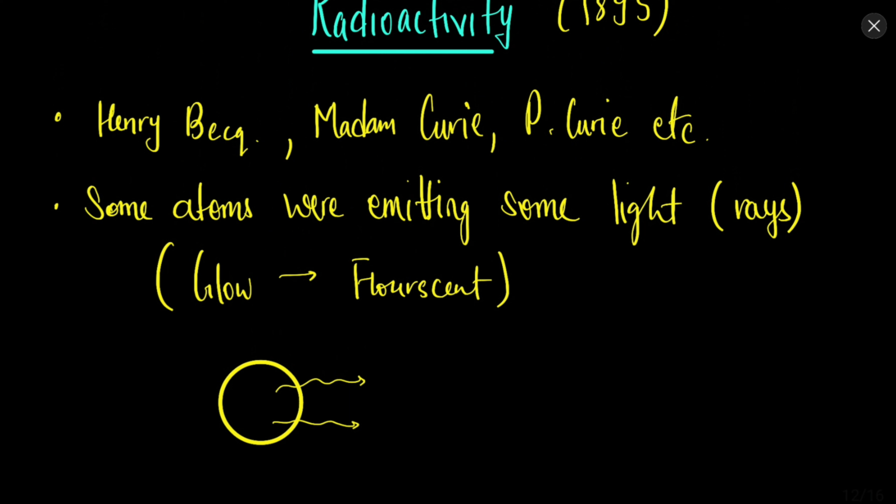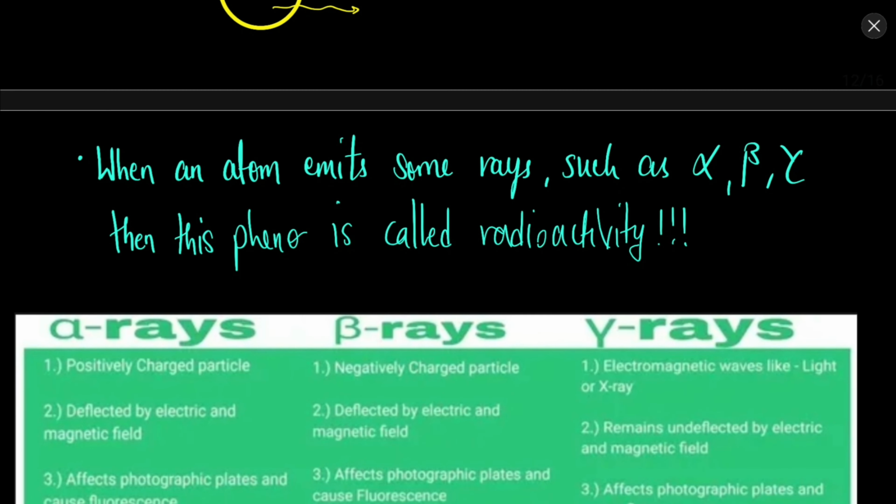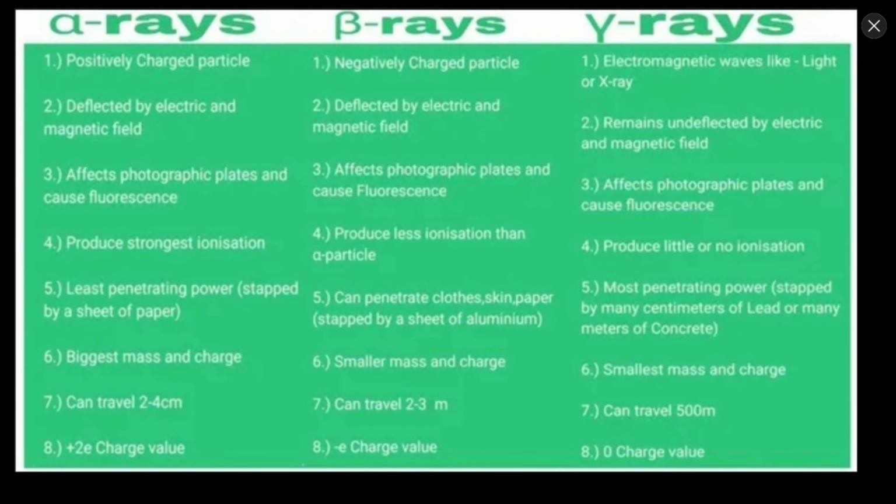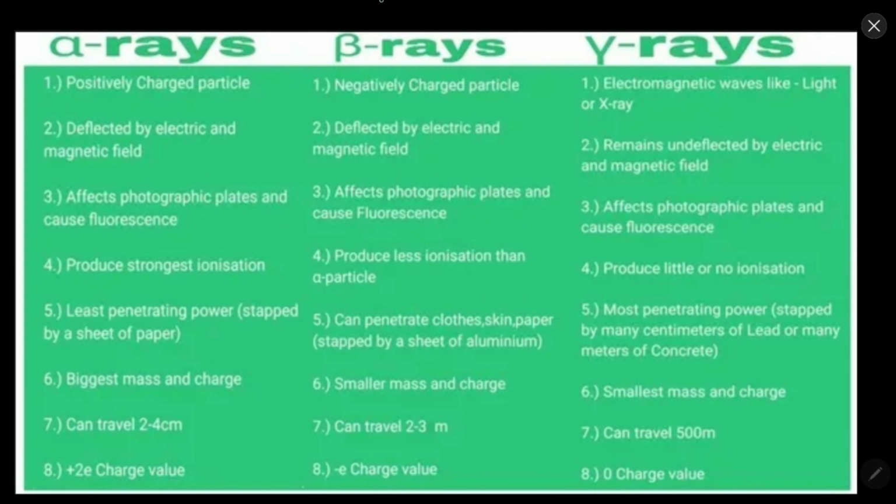Because it is unstable, and by emitting those rays it is reducing its mass or energy. Okay, so alpha, beta and gamma rays: alpha rays are the positively charged rays, beta rays are the negatively charged particles, beta negative are negative and beta positive are positive, and gamma rays are electromagnetic waves which are neutral.